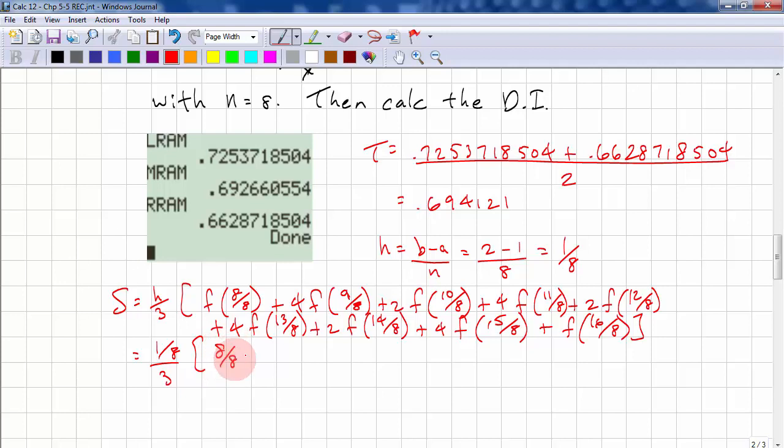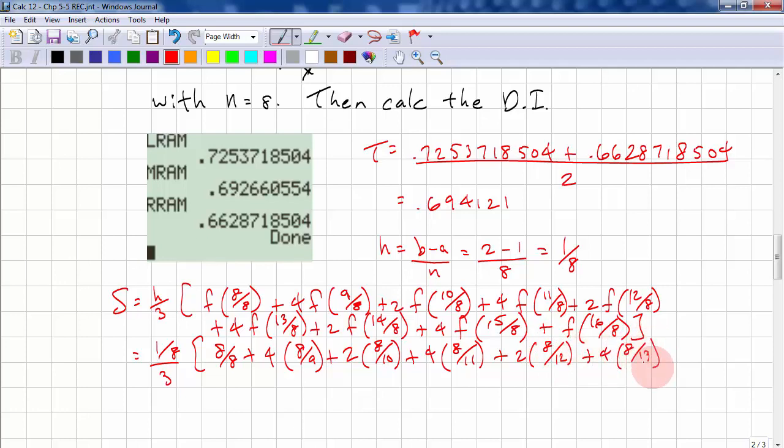So we have 8 over 8 plus 4 times 8 over 9 plus 2 times 8 over 10 plus 4 times 8 over 11 plus 2 times 8 over 12 plus 4 times 8 over 13 plus 2 times 8 over 14 plus 4 times 8 over 15 plus 8 over 16. And you can plug that into a calculator relatively easily and quickly.